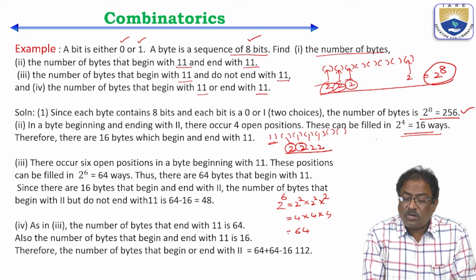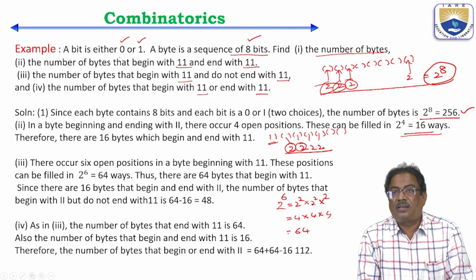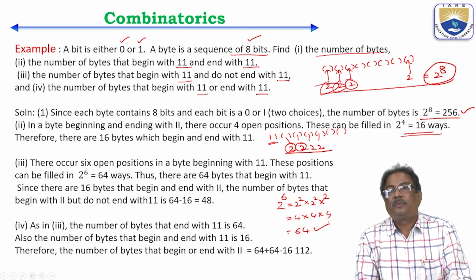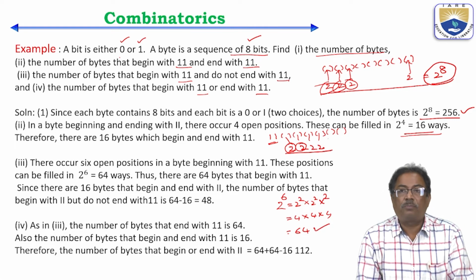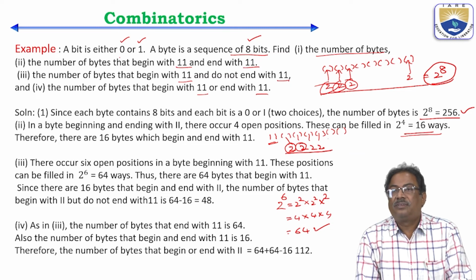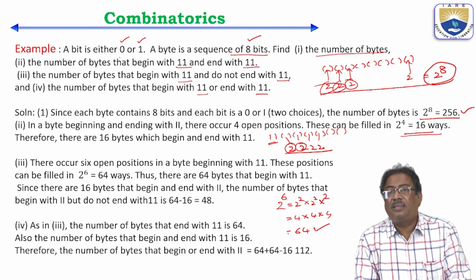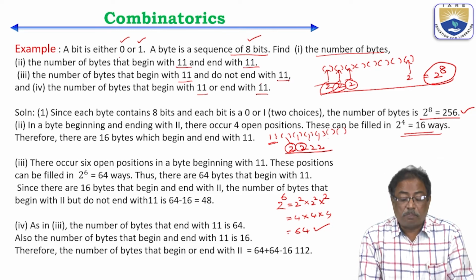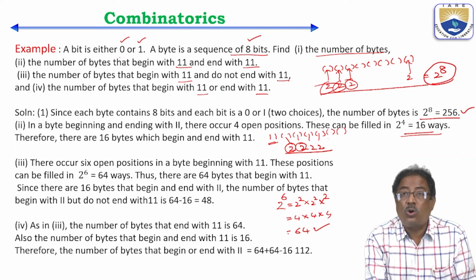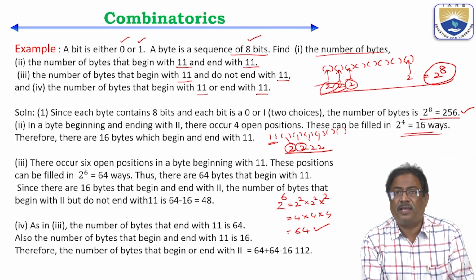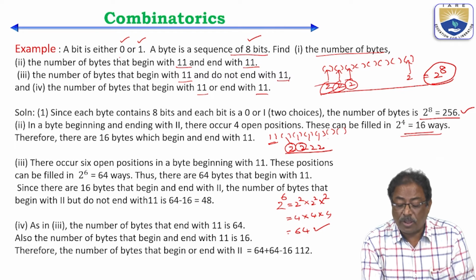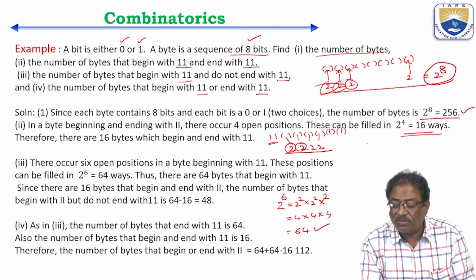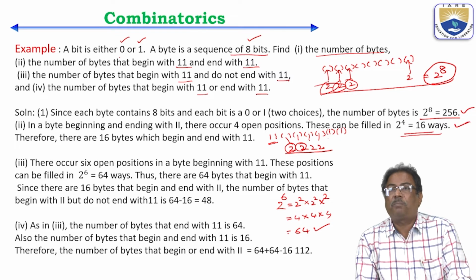So if there is no restriction, here there are bytes ending with 11 also that I am going to get. Now the question is beginning with 11 and not ending with 11. So if I am taking beginning with 11 and ending with 11, how many possible ways? 16 possible ways.